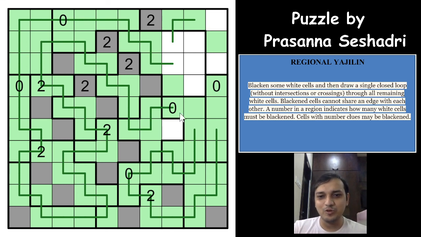Thank God that we have found that this cell will have to be shaded. We had unshaded this at an earlier stage, but this has to be a shaded cell. Now why will this cell have to be a shaded cell, right? What happens if I unshade this cell? That's a very great look ahead of the puzzle. You have to just see what happens here.